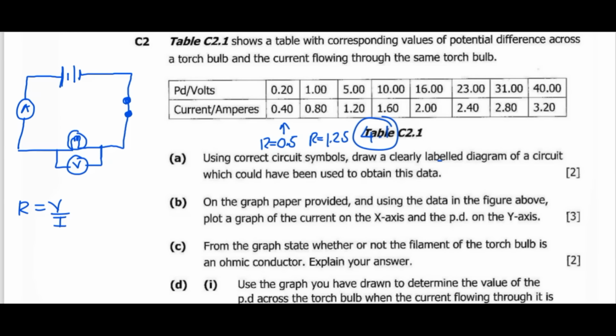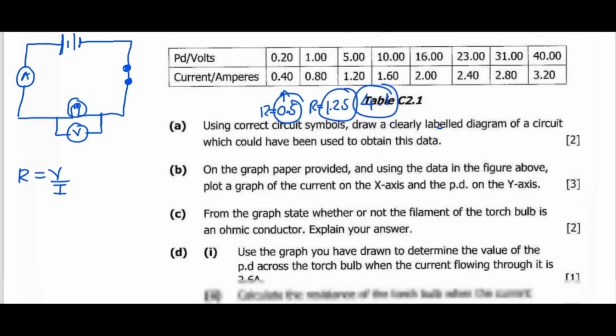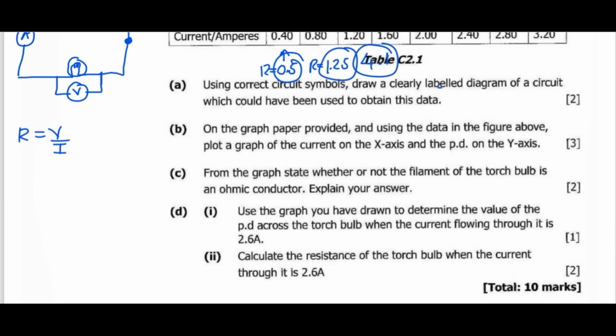So now, since the resistances are not the same, when you plot that graph, you are not going to have a straight line. You may have something like this. How do you know that you are going to have a straight line? We need to have the same resistance if we are to find that. So that's what you're going to use there.